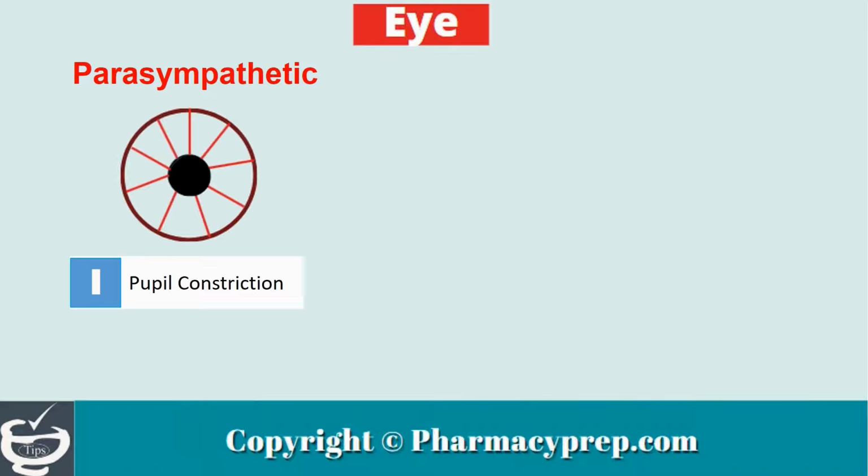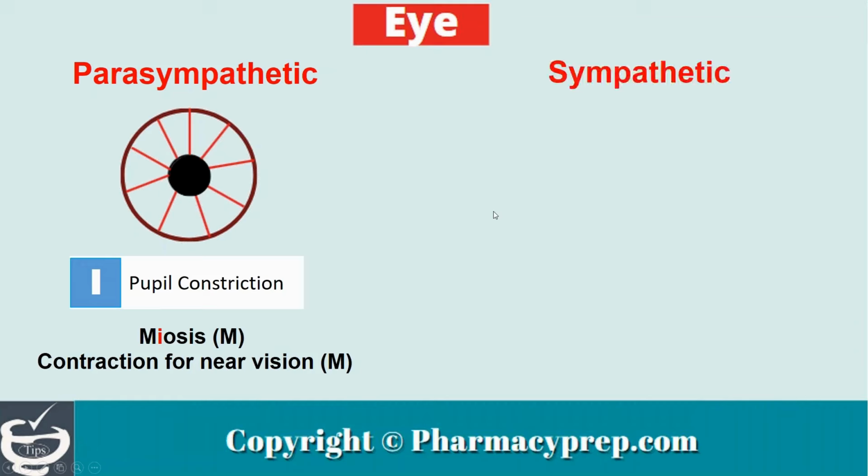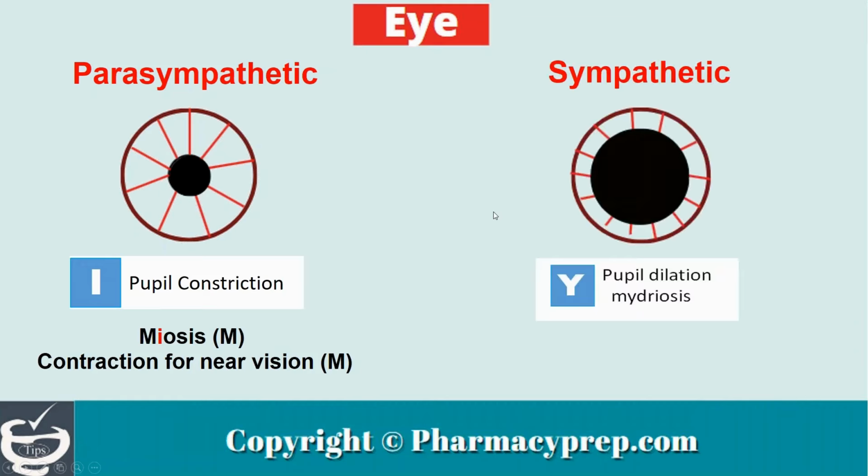Let's look at each organ and how these sympathetic and parasympathetic effects happen. For example, in the eyes, parasympathetic causes pupil constriction, also known as miosis. For miosis, the mnemonic is inch, I for inch. Whereas the sympathetic system causes pupil dilation, which is mydriasis. Mydriasis has a Y for yard.